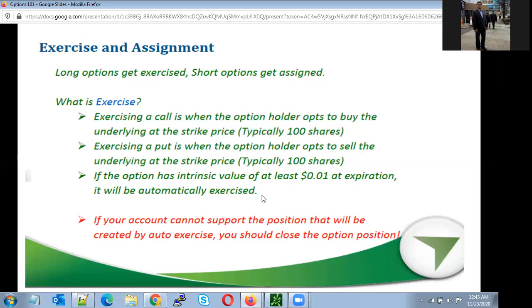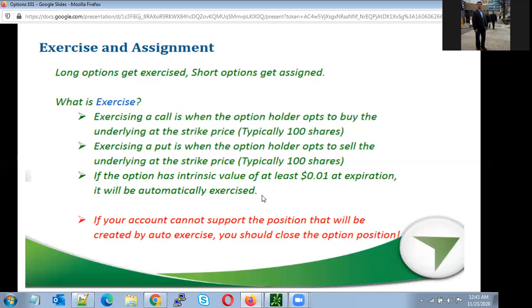So if I bought a $100 call, and right now the stock price is 100.01, I am going to get that stock. So you have to make sure that if you don't want to buy that, you sell that particular option and get out of it. If you don't have that much money in your portfolio, you will get that stock, but they will charge you some interest in your account, because you don't have that money.